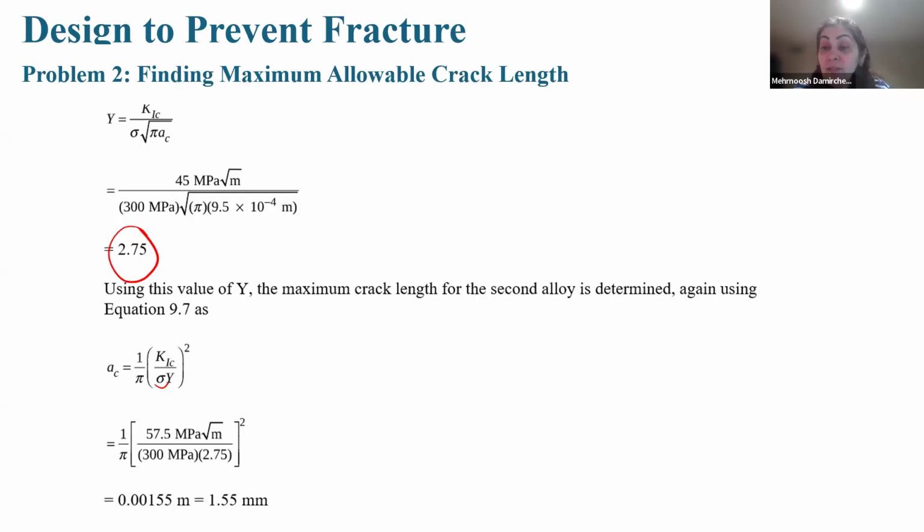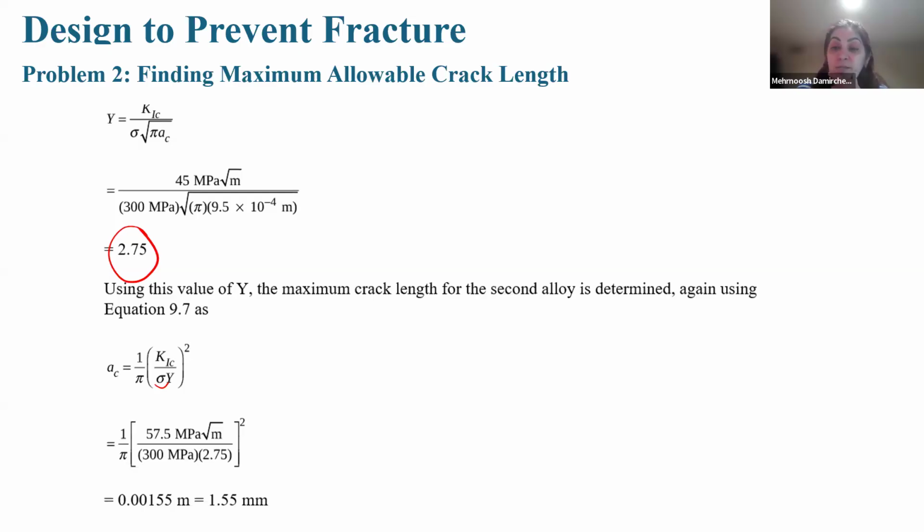Another thing is to avoid sharp corners or notches that amplify the stress. You know that at the tip of a notch, a sharp corner, or a change in area, we have concentrated stress, so we should avoid this.